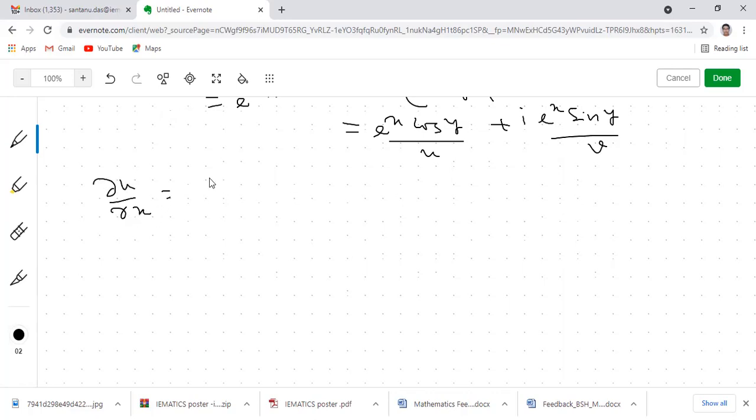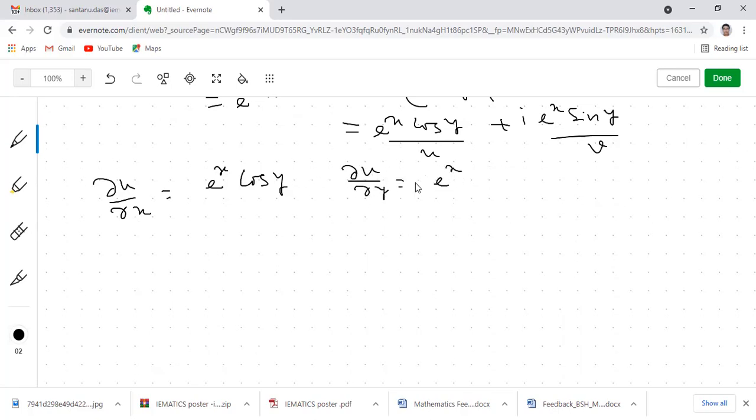Okay. Now we need to find out del u del x. What is del u del x? Del u del x means cos y will be fixed, the derivative of e to the power x with respect to x partially, so this will be e to the power x cos y. Del u del y will be, e to the power x will be fixed, derivative of cos y with respect to y partially, that will be minus e to the power x sin y. Del v del x will be e to the power x sin y.